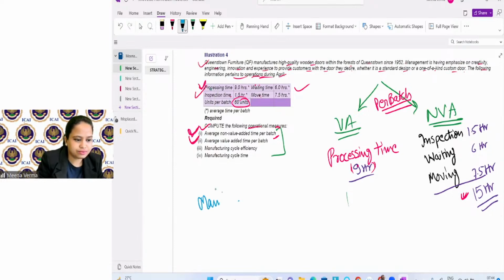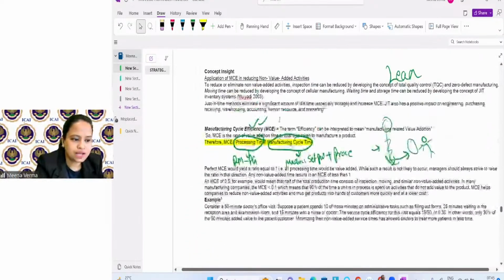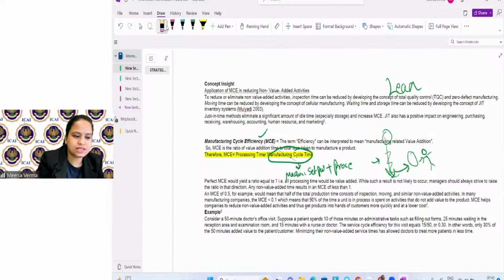Okay. Now let's see what is manufacturing cycle efficiency here. What is manufacturing cycle efficiency? You know the formula? Let's see. We have discussed here: process time divided by manufacturing cycle time.